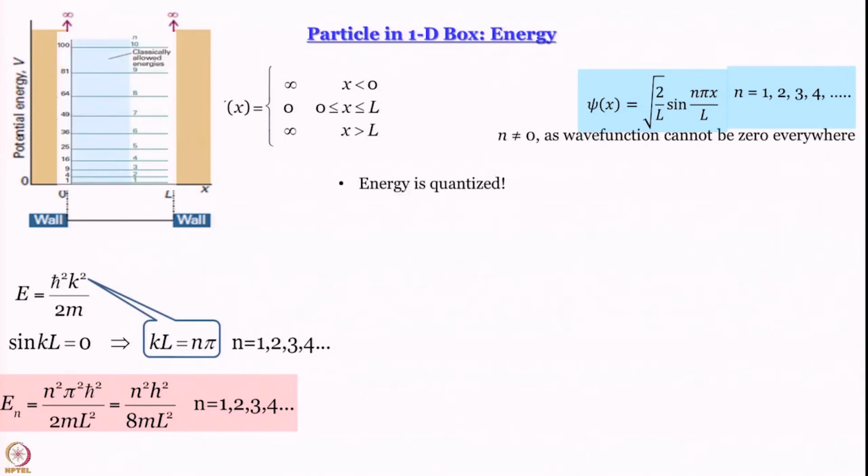Now we are saying that only certain values are allowed, and now we should say something that we deliberately did not say while discussing the wave functions in the last module. What is n? n turns out to be a quantum number for the particle in a box, and this is the beauty of Schrodinger's treatment.